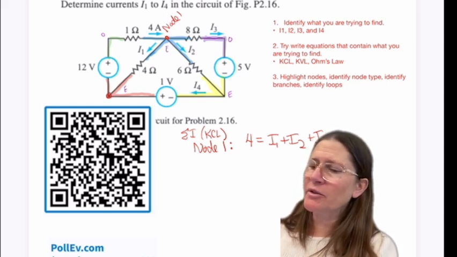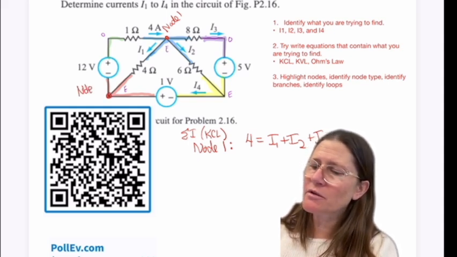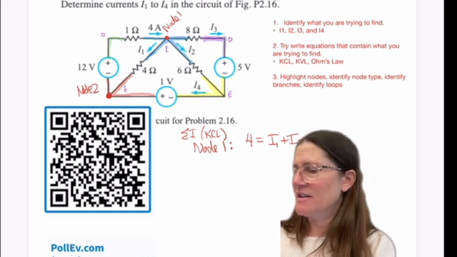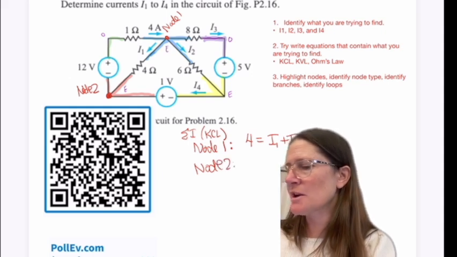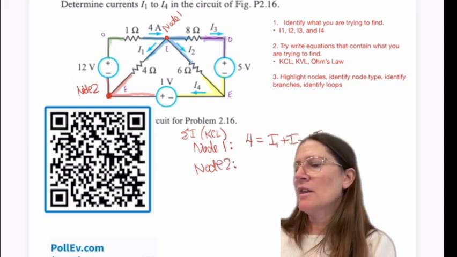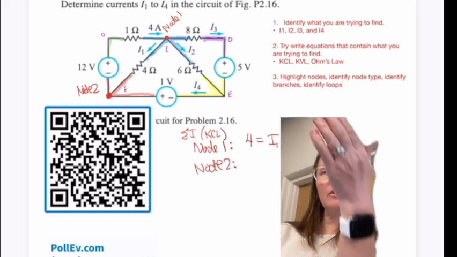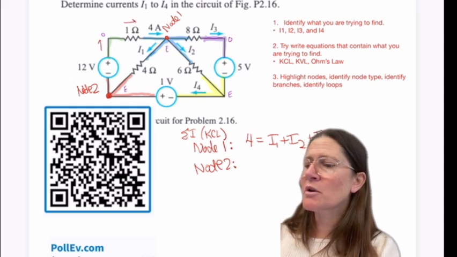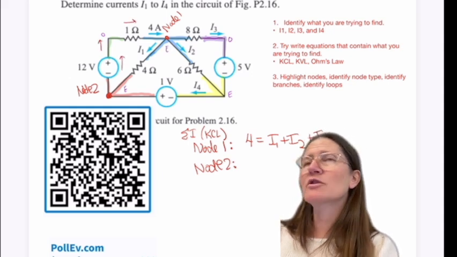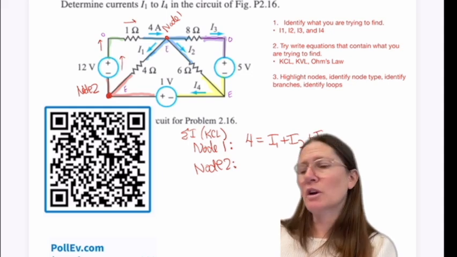If I label this one down here node 2, my current summation here will be that I notice that the 4 amp, even though it's labeled at the top, remember that it's going through all of this branch. And so in the node at the bottom, it's going to be a 4 amp going out of it.